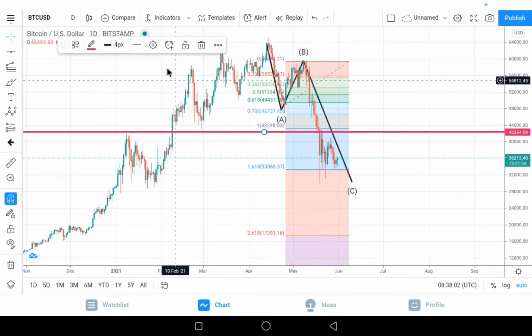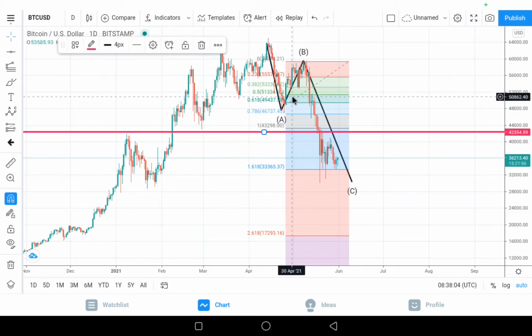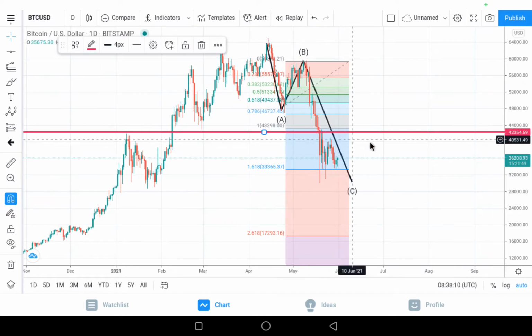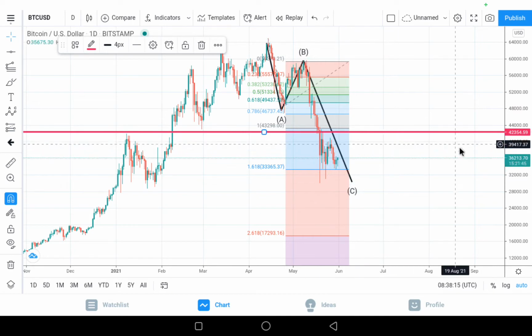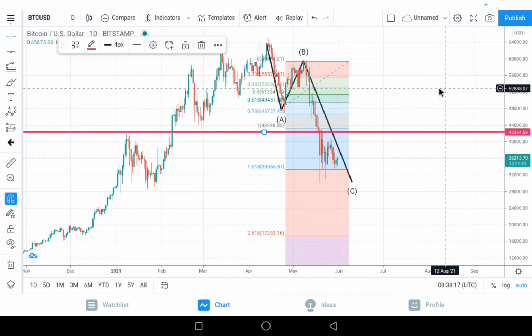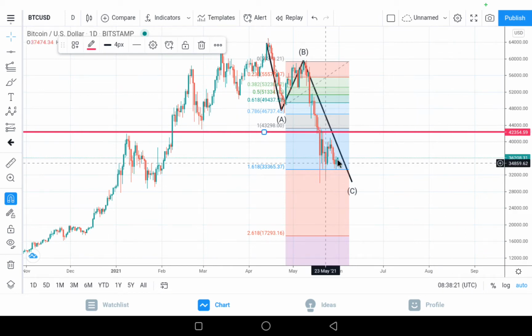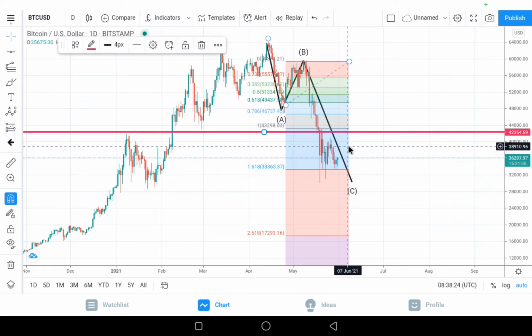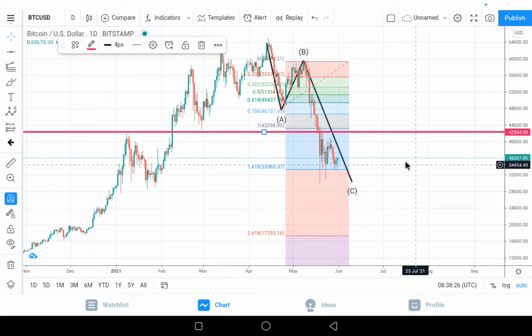If I place the EMAs on this, you will see an EMA around here too. So if we range here, we have to break 42,354, and that will continue our trend. On that hope, this can be a very good place to buy.